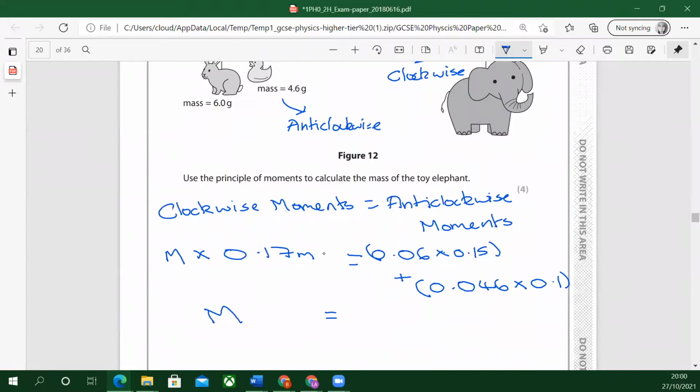I'm just going to write all this over. We're not going to calculate it straight away. So 0.06 times 0.15 plus 0.046 times 0.1, all over 0.17.